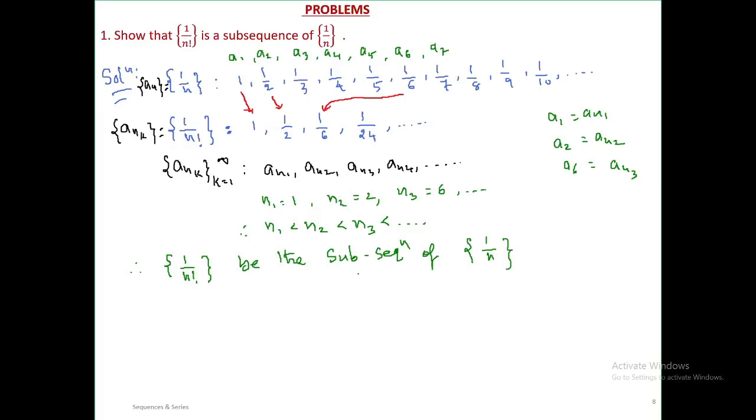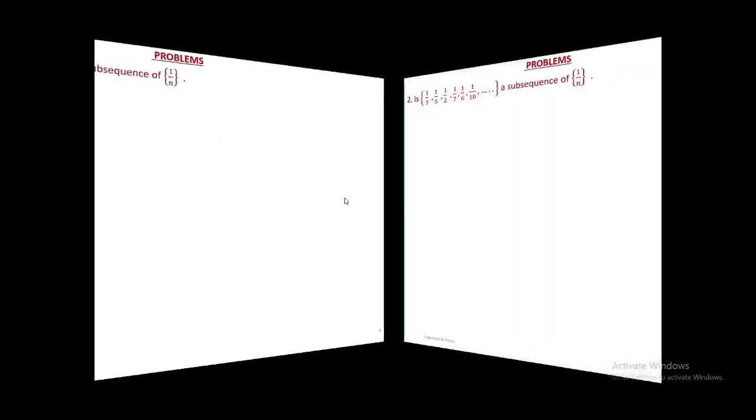Because you are obtaining it from a sequence only. This is a sequence, from this you are generating the terms for the new sequence. Such a new sequence is said to be subsequence, nothing else. So every subsequence is again a sequence only. Okay, next one. So therefore the given sequence 1 upon n factorial is a subsequence of 1 upon n.